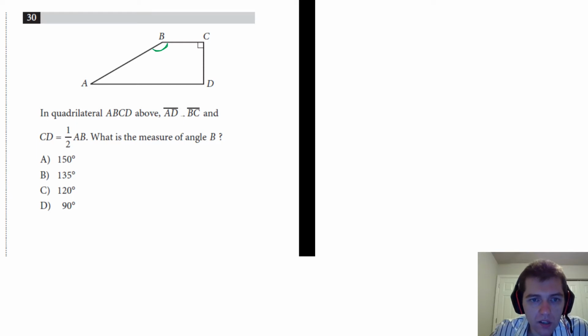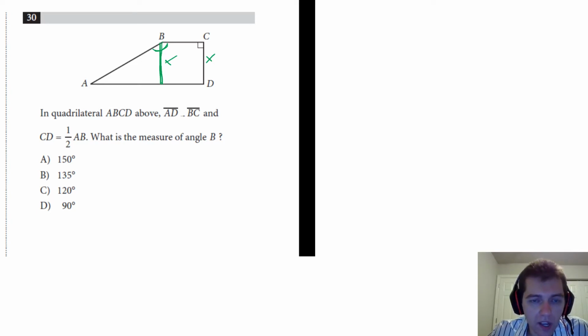Because AD is parallel to BC, you can divide this off and think of it as a triangle and a separate rectangle, and conclude that this length and this length are equal.